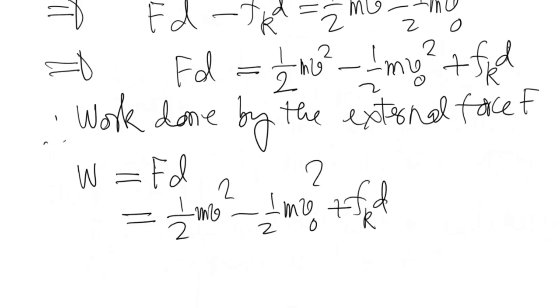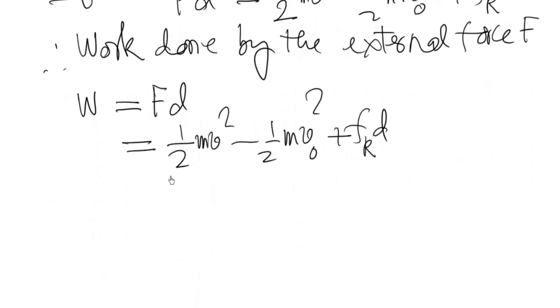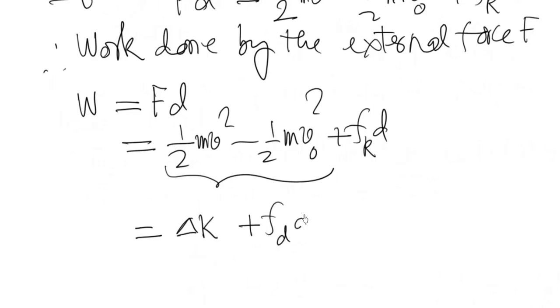But what we see from this expression is that this is the change in kinetic energy. So we can write this is delta K and this is Fk into d. Fk, I'm sorry, this is Fk, not Fd.